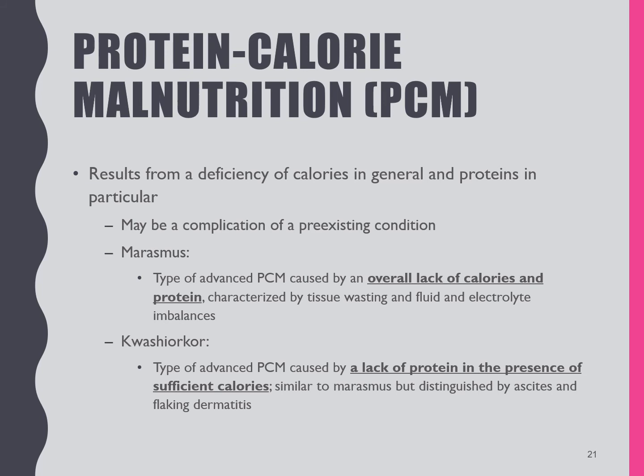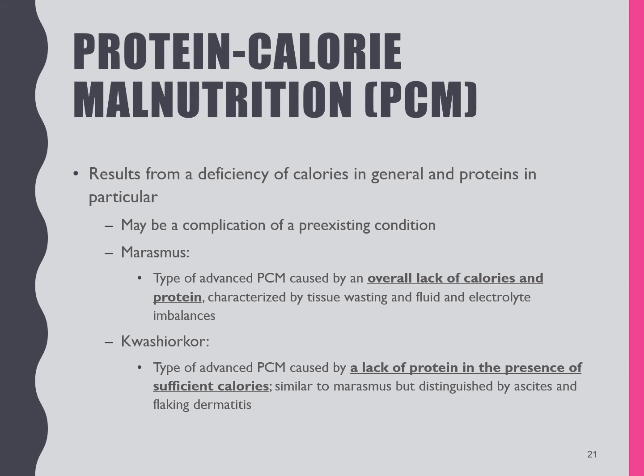And then several conditions that increase the use of nutrients in the body, like burns, infection, trauma and surgery, and the presence of tumors. These protein-calorie malnutrition conditions, or PCMs, may be a complication of a pre-existing condition.